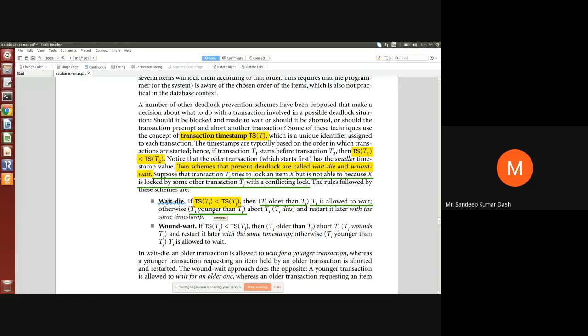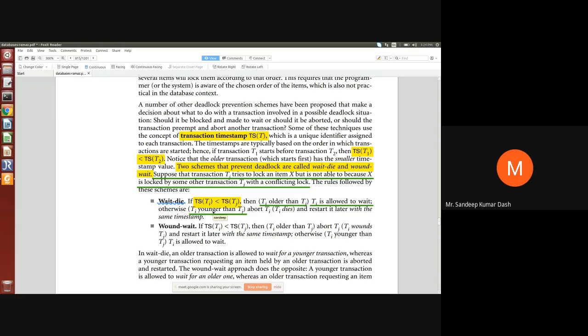Because the younger transaction is performing the operation and the older transaction is waiting, because the older transaction may have done all its other things, so it is waiting for a final data item or something like that.